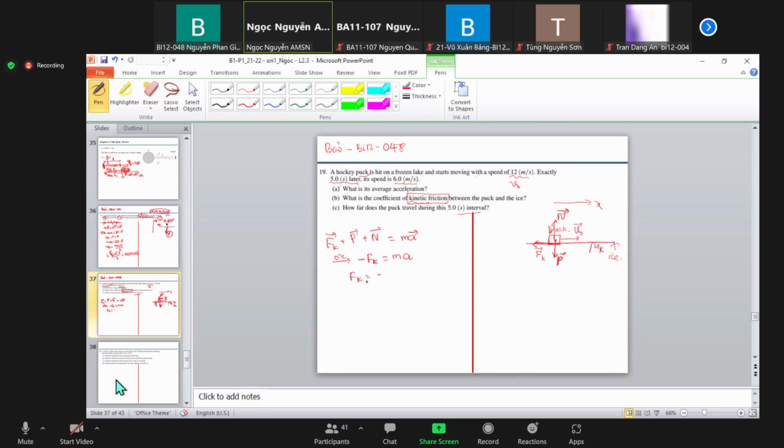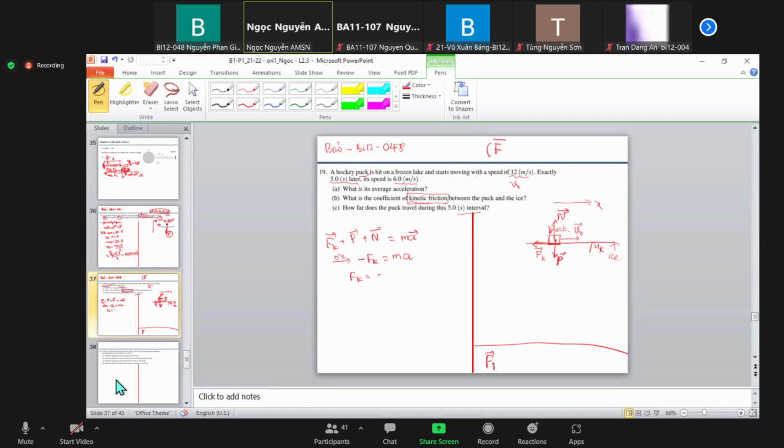So sorry, F equals what? No, the general equation for the friction force. I call it friction. I will write it here.